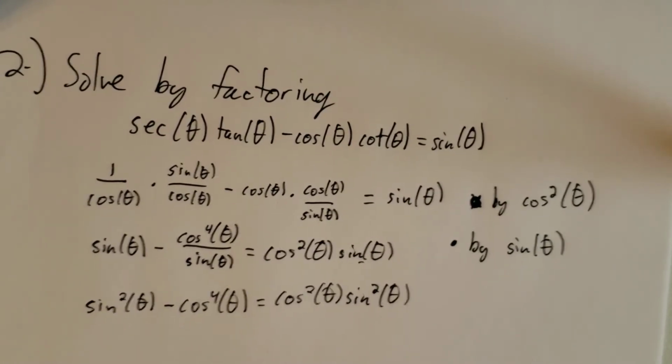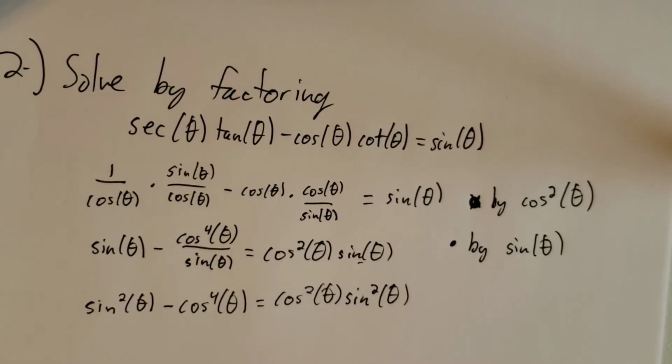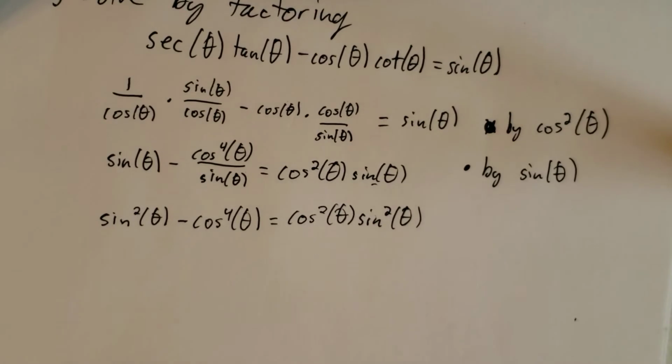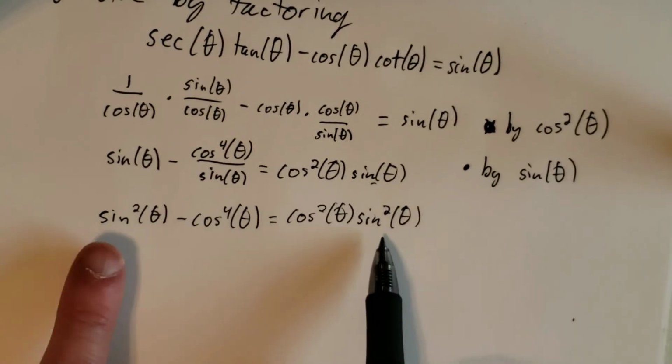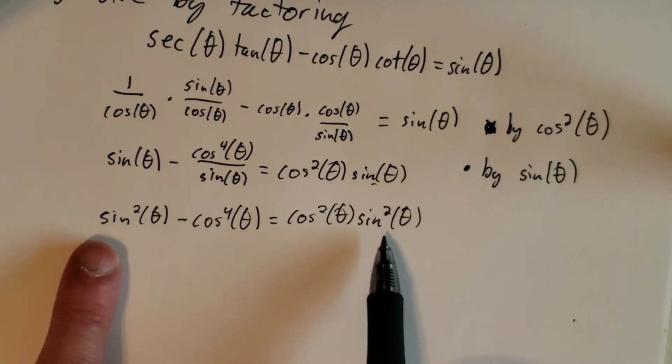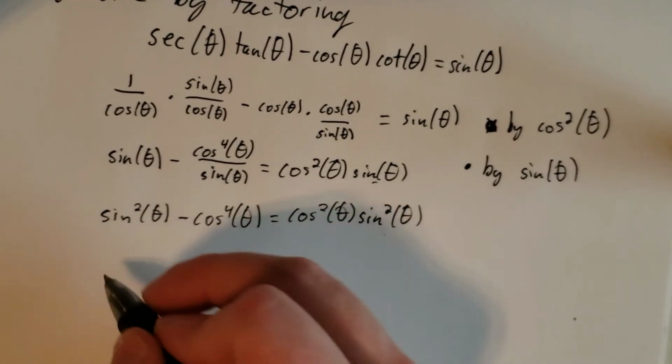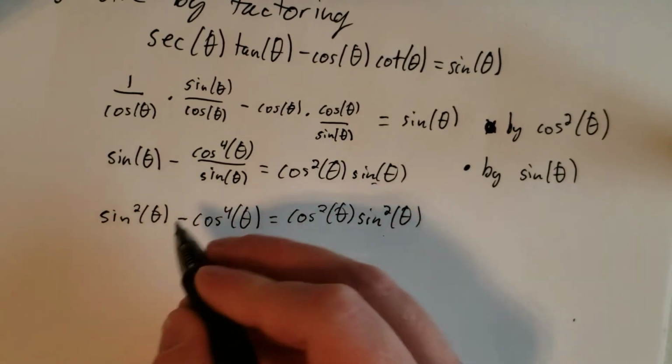Then we were told that we want to factor in this problem. We were told that at the very beginning of the problem. So let's see if we can find a way to factor now. Notice that we have a sine squared in both of these terms. So how about I move this sine squared over to the other side and the cosine 4th over to the right.